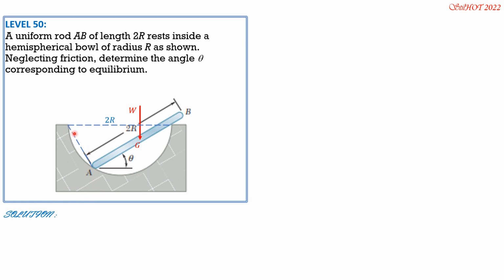Then from geometry, this inclined plane and this one with the diameter form a 90-degree angle here. And if you do not know that, that's your problem, because this is statics and we just use geometry.